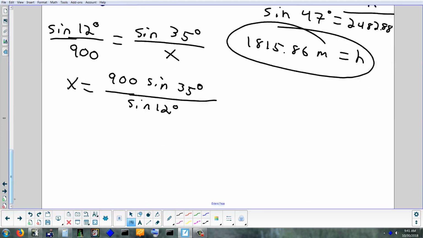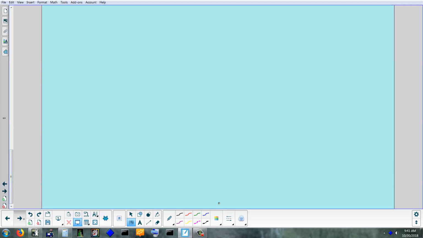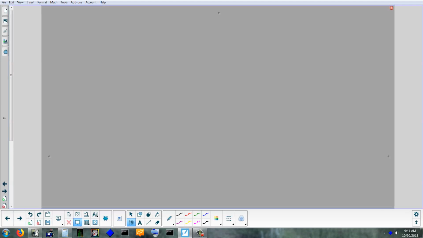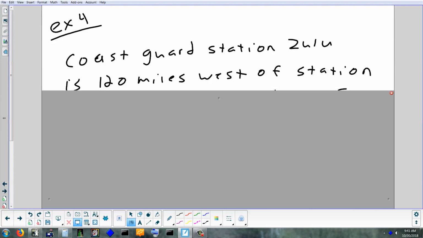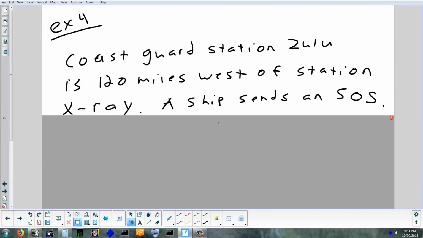All right, so the last one we're going to look at is about two Coast Guard stations. So the idea is we've got two Coast Guard stations, and they call them Zulu and X-Ray. All we know about the stations is they're right along the coast, and they're 120 miles apart.